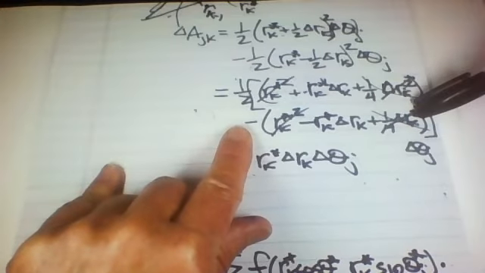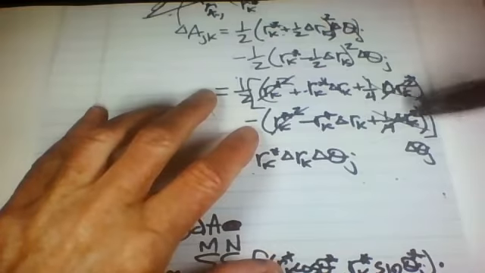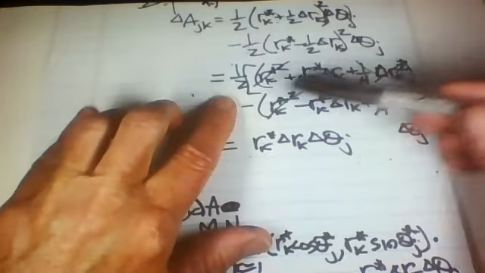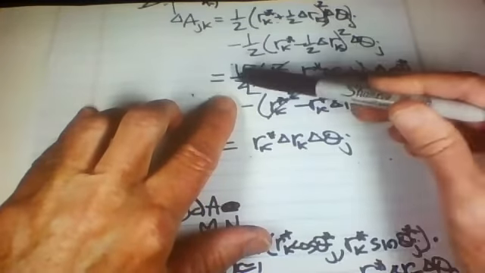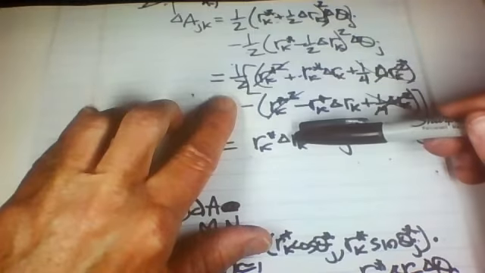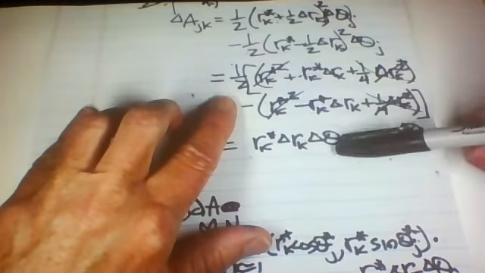If you don't follow every step, that's okay. I'm not going to ask you to recreate this. I just thought it was worth seeing, so you don't always scratch your head in industry and say, why does that work, right? The reason you have to do this is these aren't rectangles. You can't take length times width. But when you subtract these out, you have these two terms left. This one minus the same, they're both the same. All times 1/2 gives one of these, which is just rk star, delta rk, and then all times delta theta j at the end.